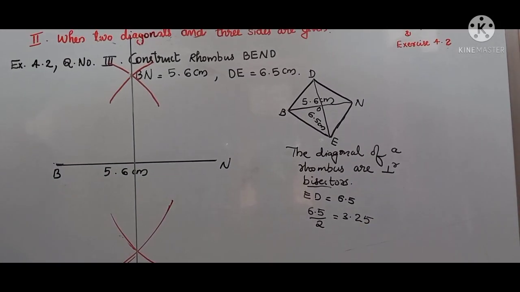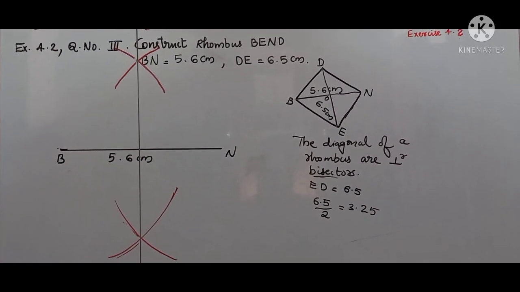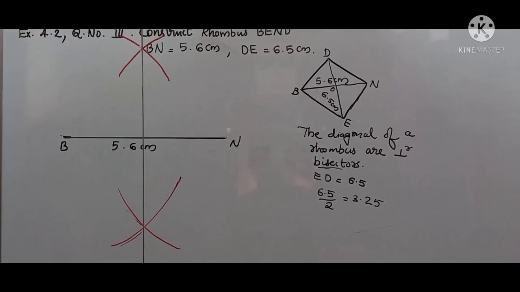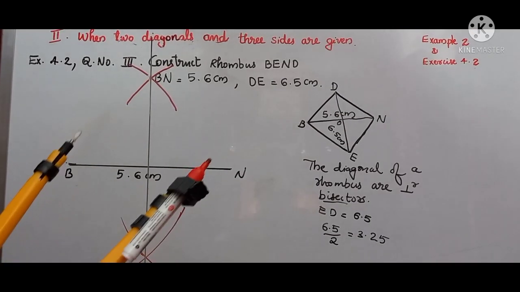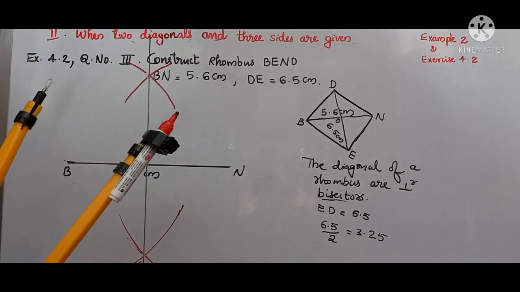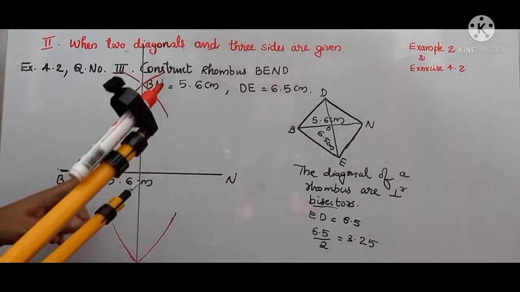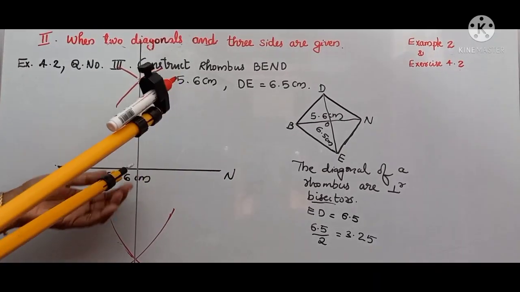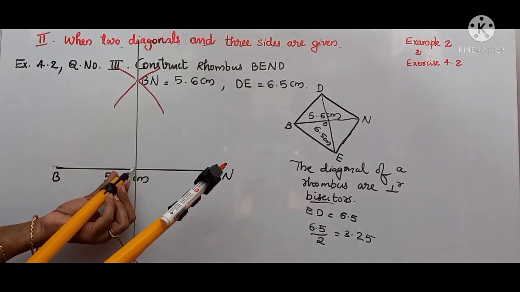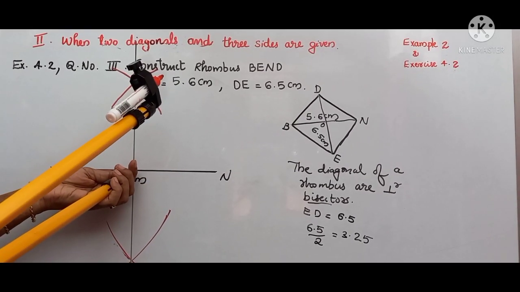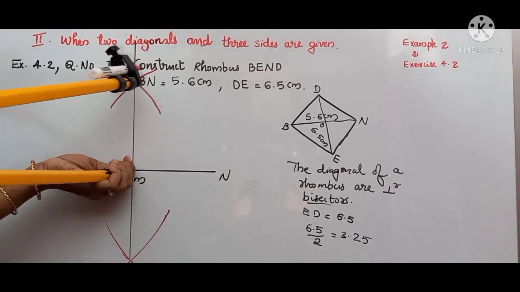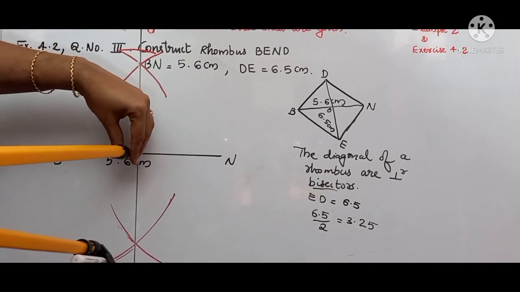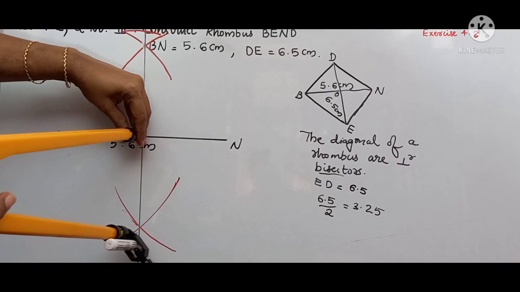Then take our compass width 3.25 on our ruler. I have adjusted that compass width 3.25 here, and pointing on this point of intersection of these two lines, point it here. Compass we have to point here and draw an arc here, and down also similarly we have to draw that arc.